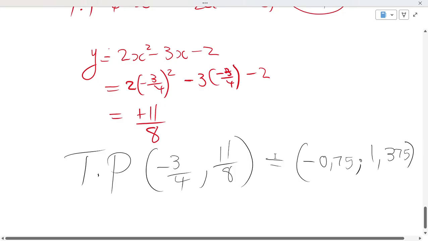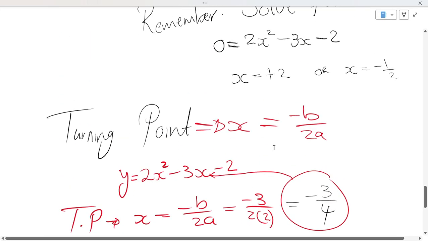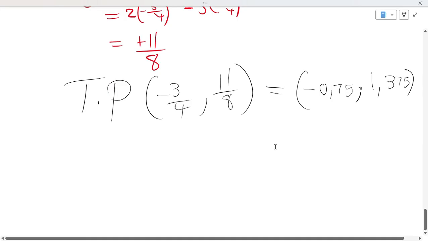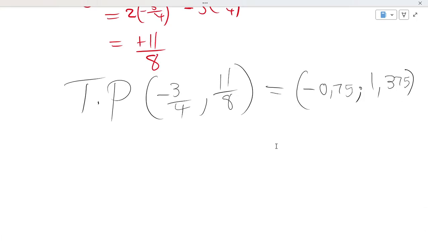The turning point tells us where the point where the graph turns is. It tells us a lot of information.